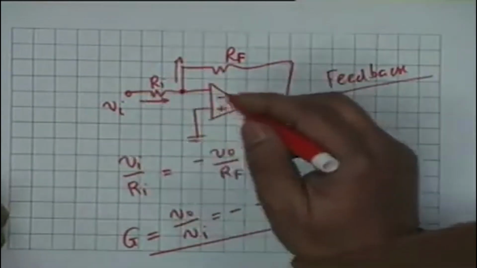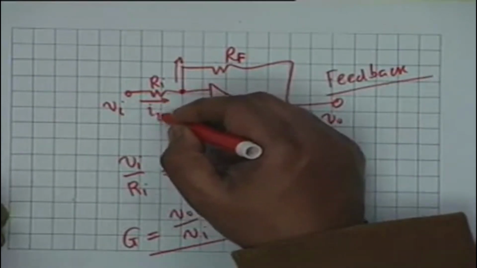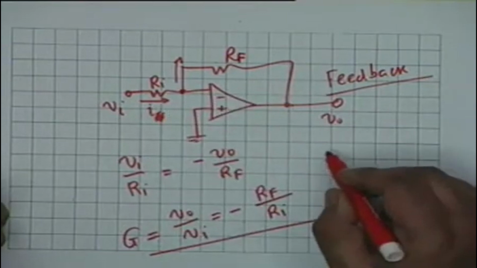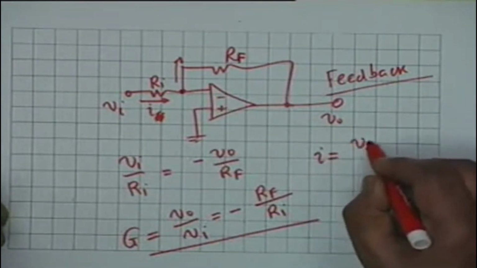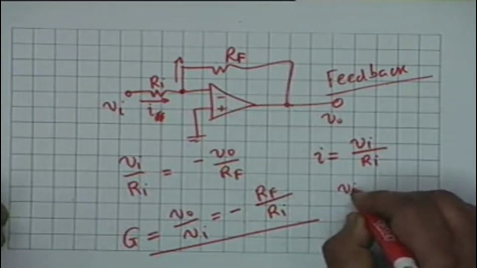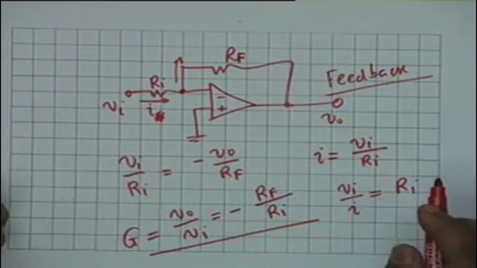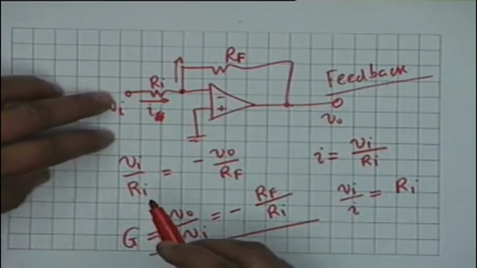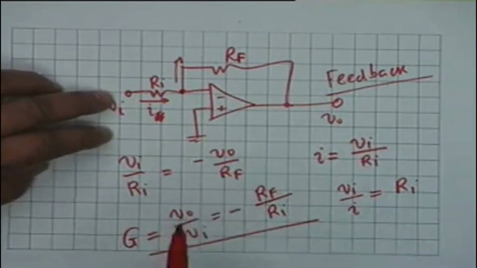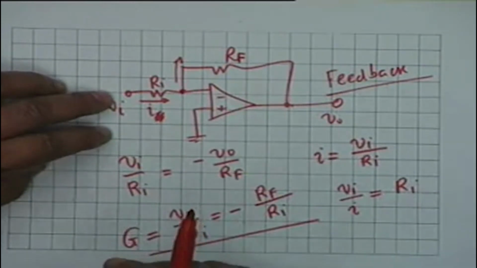The other interesting feature is that if this current is denoted by I, then what is I? I is simply equal to Vi divided by Ri, and therefore, what is Vi divided by I? It is simply equal to Ri. So, the input resistance that is faced by the source is equal to Ri.